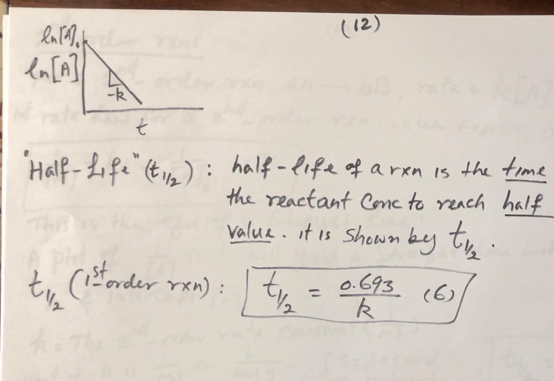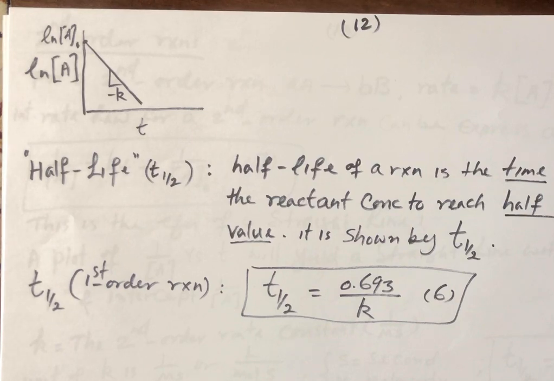And it's shown by T with a subscript 1/2. Okay, so T 1/2 takes up different forms, or we have different equations expressing T 1/2 for different reaction orders. In other words, if you go to a second order reaction, the T 1/2 equation will change.